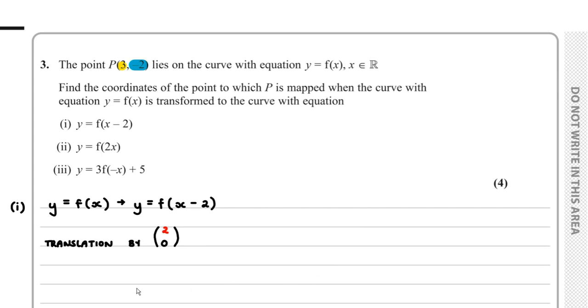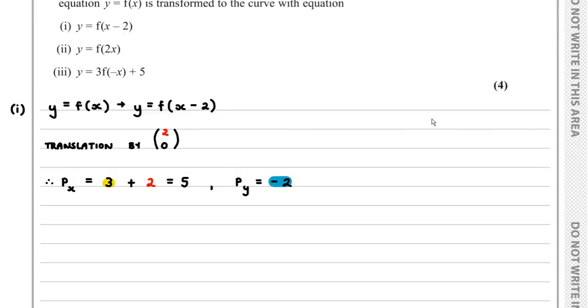Which means the new x coordinate of P will equal 3 plus 2, which is 5. The new y coordinate of P will remain as negative 2 because we are not doing anything in the y direction. Hence, the new coordinates of P will be (5, -2).